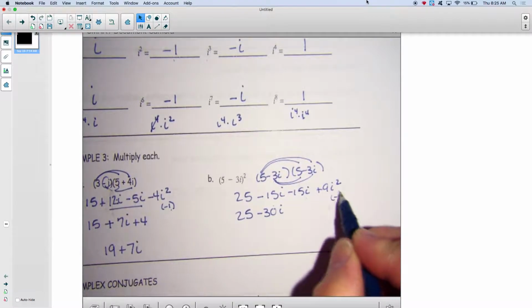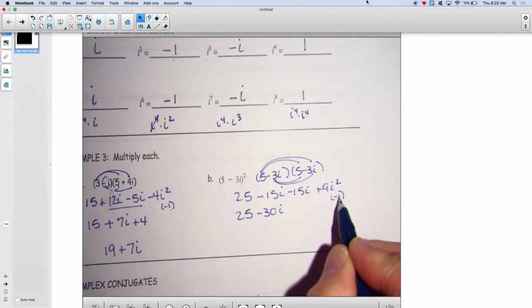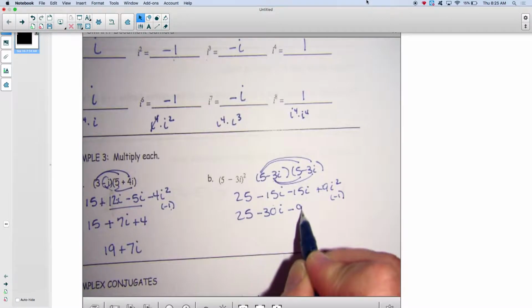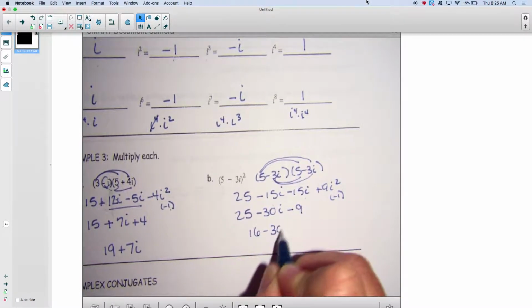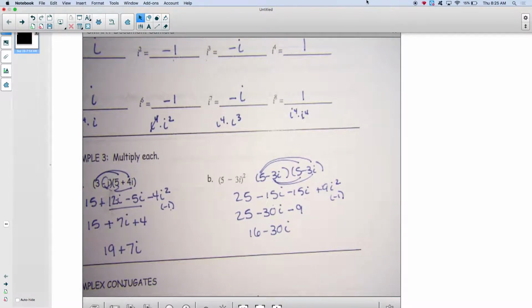Remember, i squared is negative 1, so 9 times negative 1, negative 9, so 16 minus 30i. Questions on multiplying them?